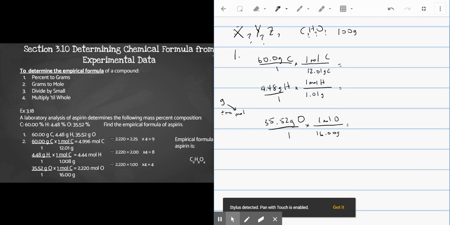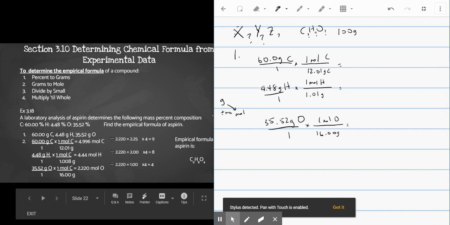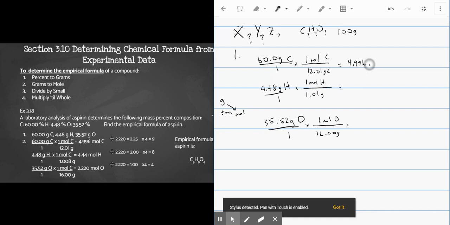Mathematically, if I do all of these divisions, for this one, it is 4.996 moles of carbon. This one is going to be 4.44 moles of hydrogen. And oxygen is 2.220 moles. You guys can see the relationship between these two. This is a 2-to-1 ratio of hydrogen to oxygen. This is going to complicate things a little bit.